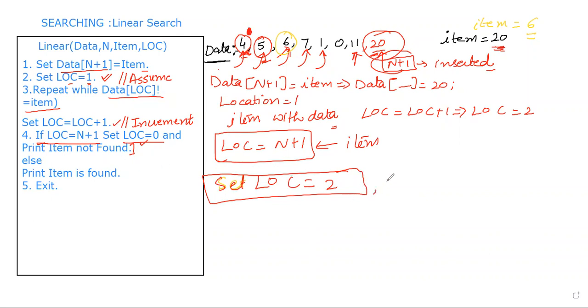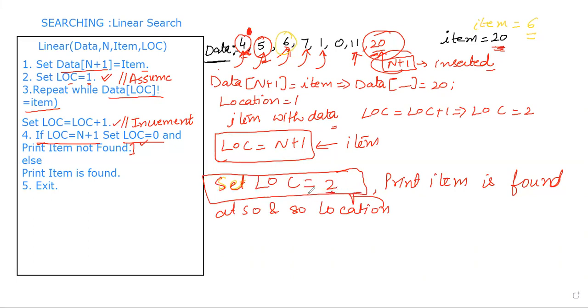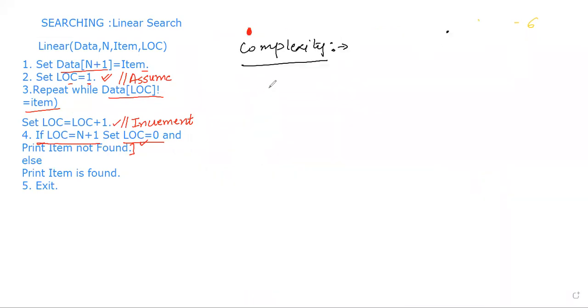And in that case, you can print that the item is found at so and so location. So and so location means, in this case, the location will be equal to 2 if we were trying to figure out the place where 6 is set. So this is how your linear search will work.